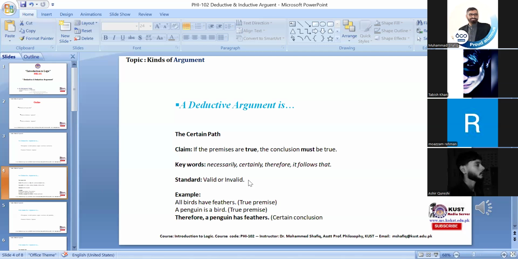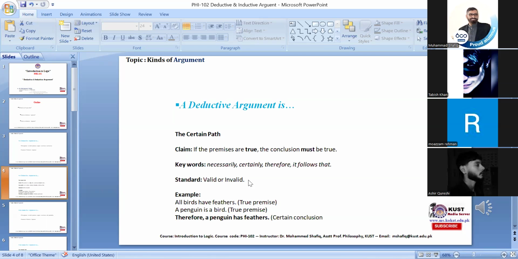Because deduction goes from general laws to particular principles, and if the conclusion follows from the premises, if that is correct, the form of the argument would be valid or invalid. It is not true or false.